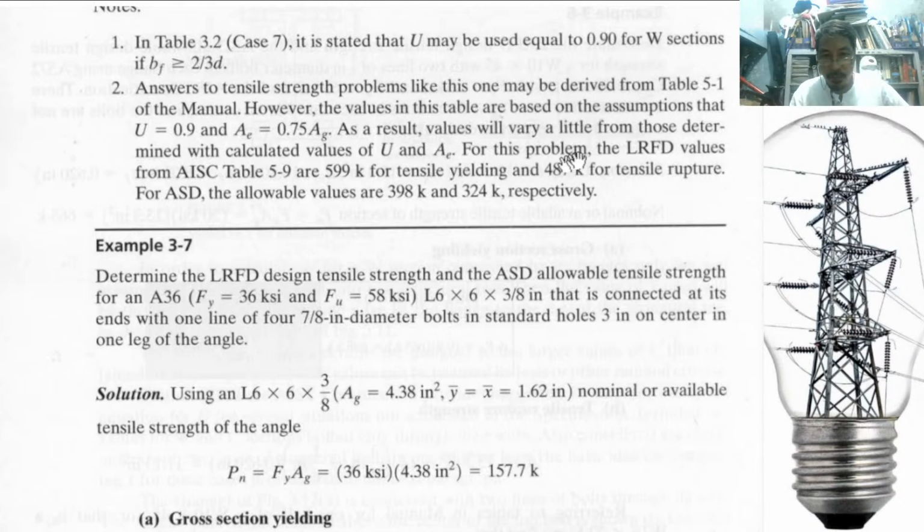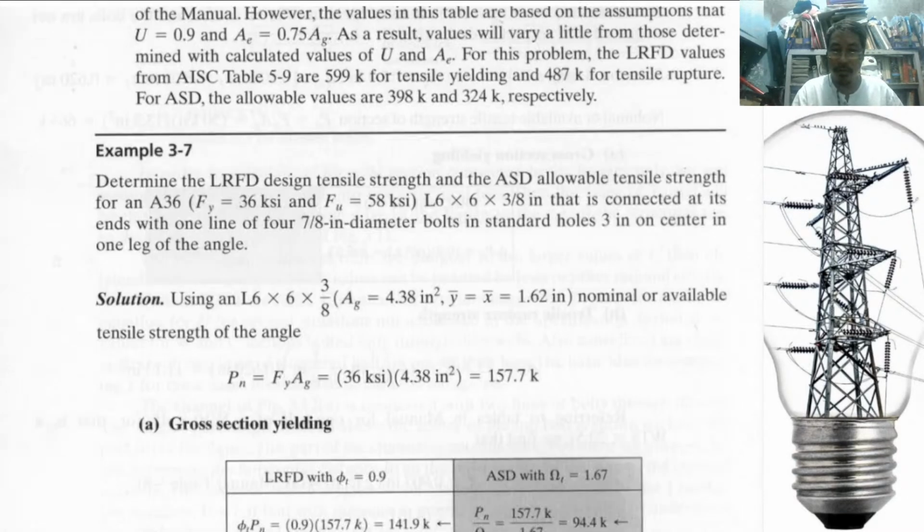For this problem, the LRFD values from tables 5-9 are 599 kips for yield, and 512 for rupture. Those are the explanation that two engineers would give two different answers.